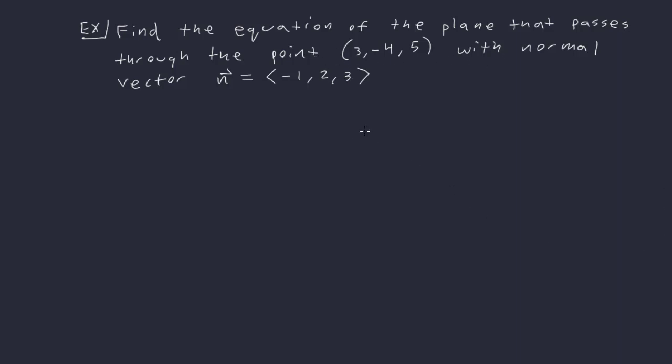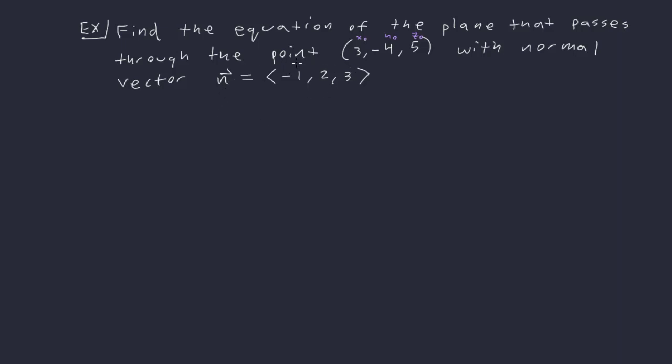Okay, that makes this the normal vector and this the point. Now, this might seem fussy, but I'm going to go through and label this as x naught, y naught, and z naught, so that I know where to put it in my formula. This is the point, so it's the naught stuff.